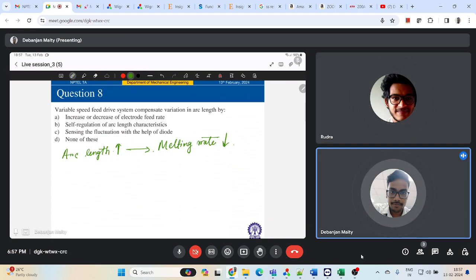And if the reduction in the current due to the increase in arc length is significant, the melting rate decreases considerably so that the arc length returns to its original value. So that is how the operation gets stabilized, and a flat characteristic of the power source is desirable in that way, right?